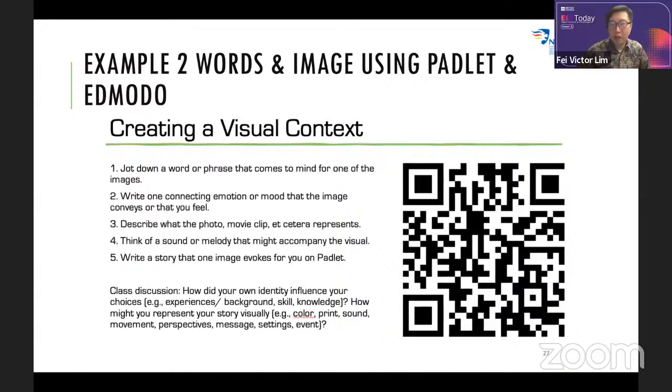When they looked at an image, they had to jot down a word that came to mind, describe the emotions they experienced, think about a sound or melody that accompanied the visual, and then write a story that the image evoked for them on Padlet, right? It was an exercise we did in class, and ultimately, students were to respond to the image and create the story.